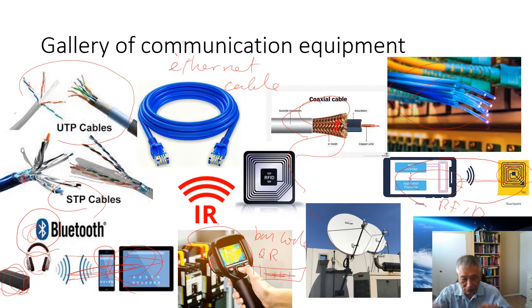But QR code is two-dimensional, so you can get several thousand bytes of data, so it's more useful. Anyway, that's read through infrared, and this is a microwave dish.